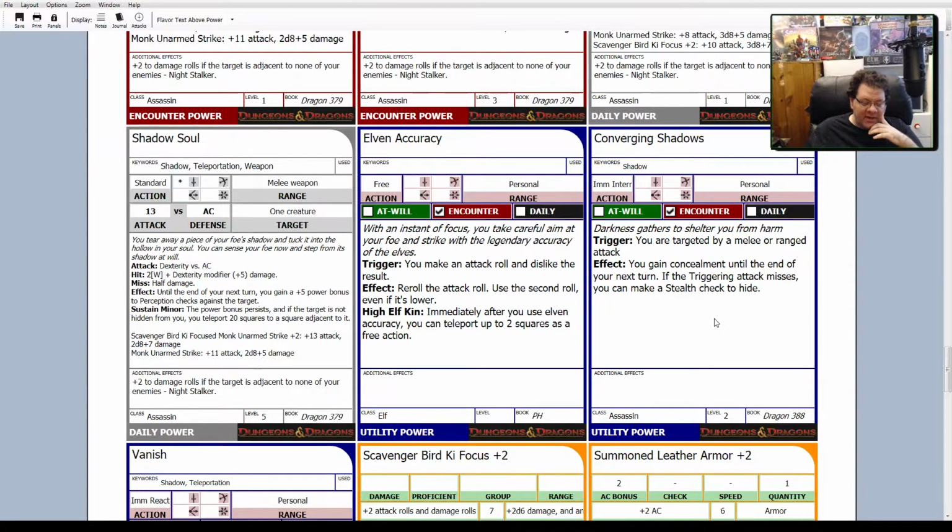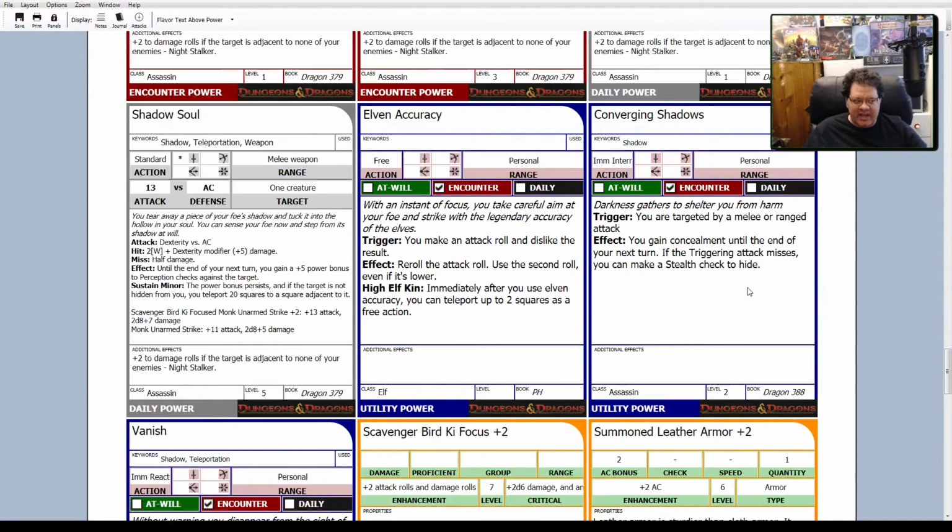And then, if that caused it to miss, you could make a stealth check to hide, effectively making it so they can't see you anymore. So that's always cool. You could literally just conjure up shadows to protect you. It's one of the reasons I like the Assassin, is they're very much a shadow kind of a focus class. They get to control shadows and that.